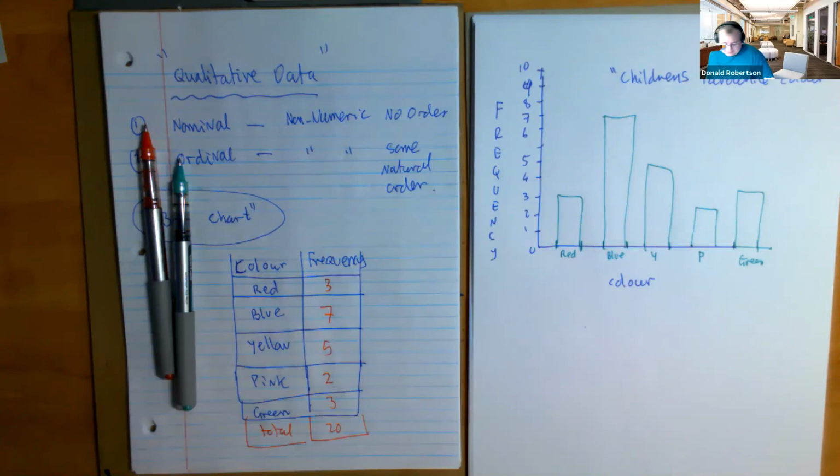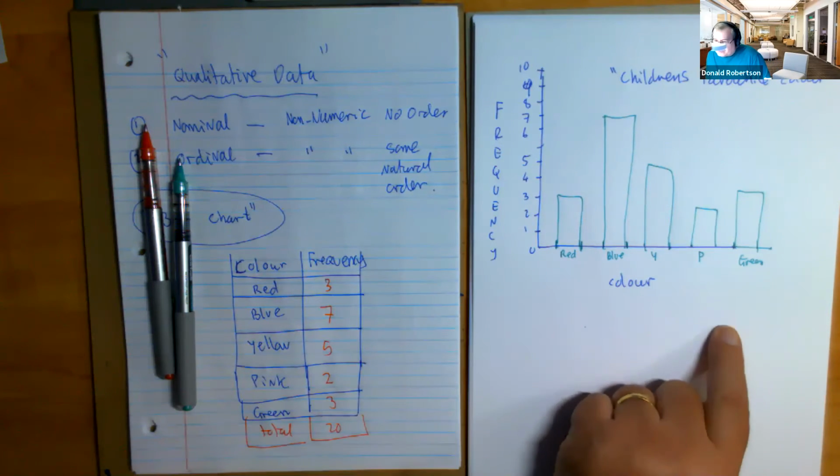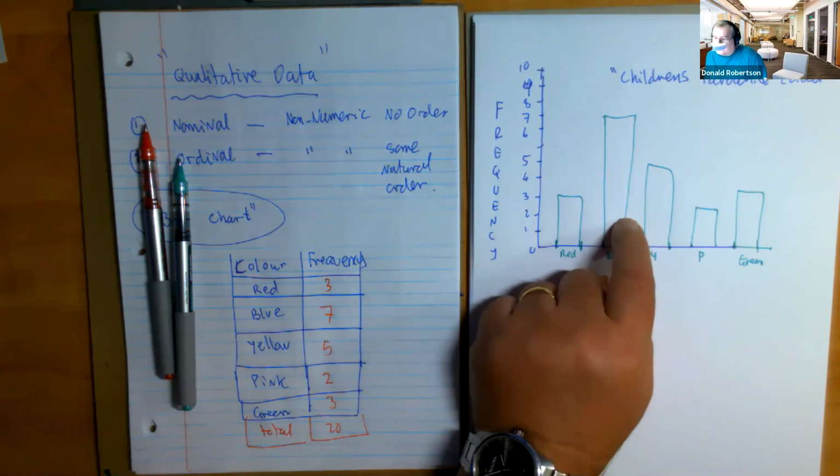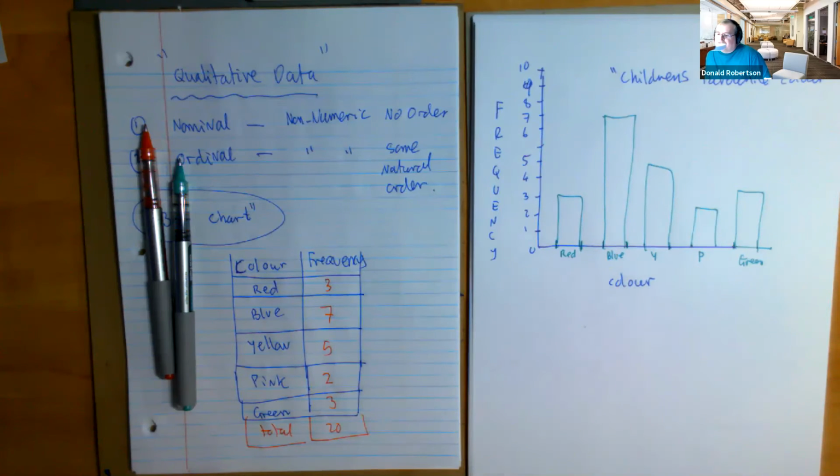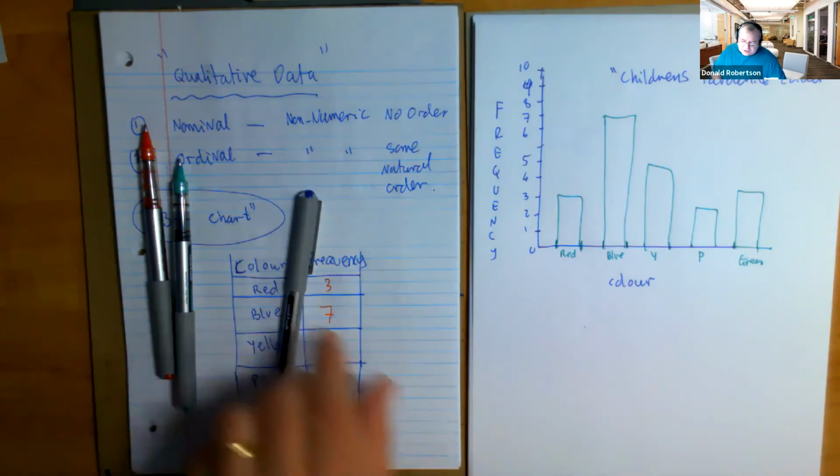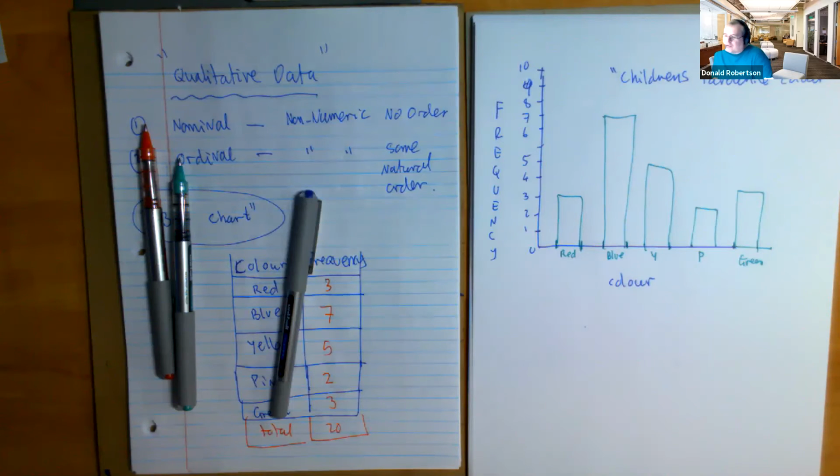For that reason, you cannot look at these and describe them the way you typically would describe histograms. You cannot say, for instance, it's unimodal, or it's skewed left, or it's skewed right. Do you know all those terms that we used when it was histograms?